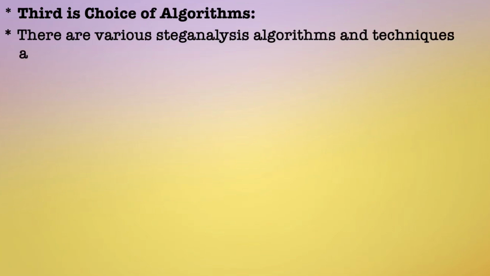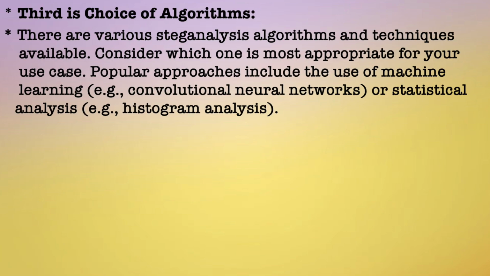The third is choice of algorithm. There are various steganalysis algorithms and techniques available. Consider which one is most appropriate for your use case. The popular approaches include machine learning, that is convolutional neural networks, or statistical analysis, for example histogram analysis.